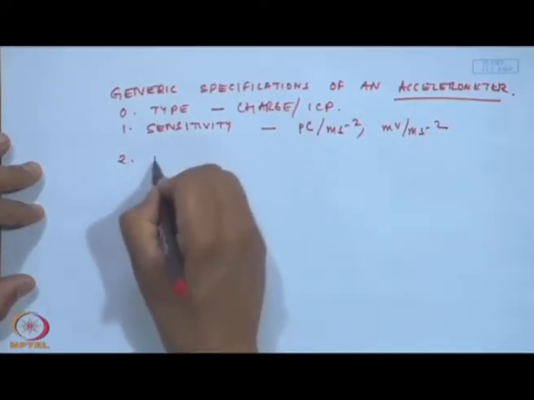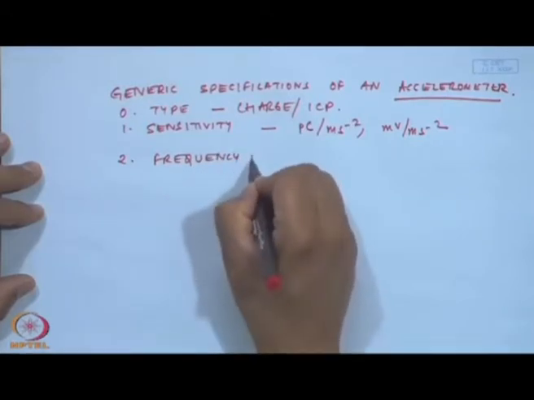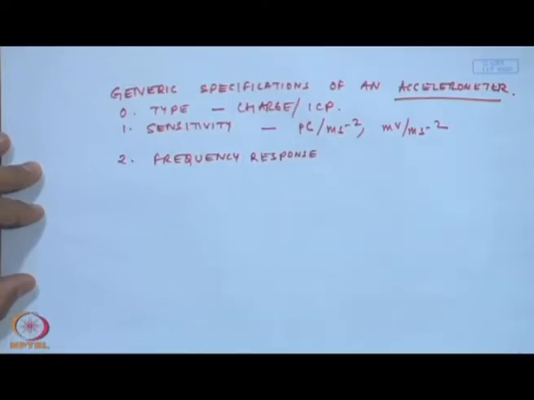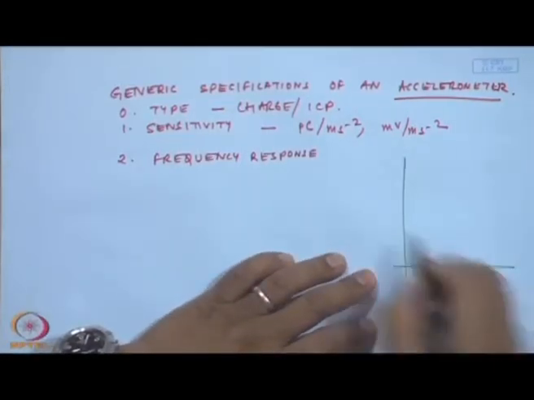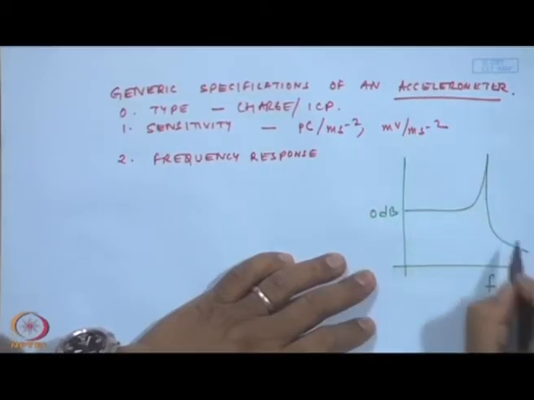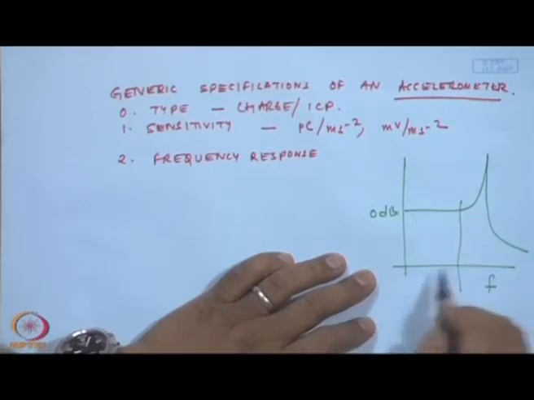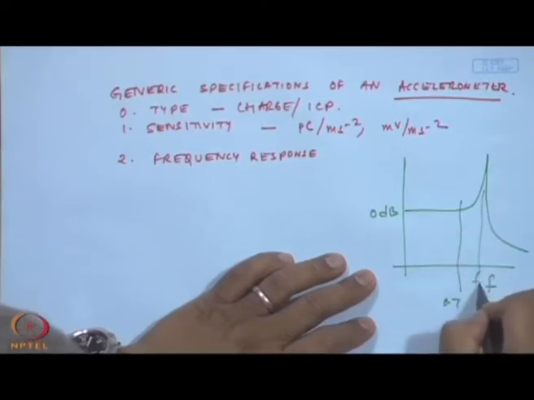Next important is the frequency response. By frequency response, I mean that every transducer is also a mechanical system, so it is going to have its natural frequency. Measurements are useful up to about 0.7 times Fn, if this is its natural frequency.